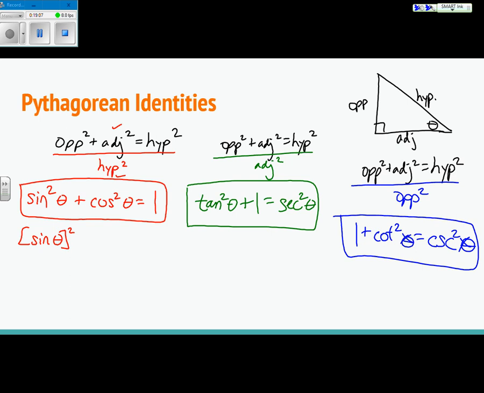So those 11 identities, the 6 we did on the front one, the 2 quotient ones that have to do with tangent and cotangent, and these 3, I need you to write those on a sheet of paper sometime within the next week. All right, without looking at them. You have to know them by memory. Okay? And we'll be using these for the next few months.